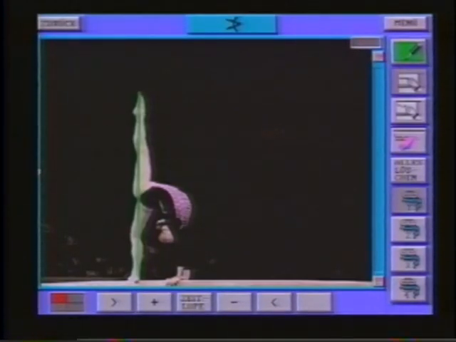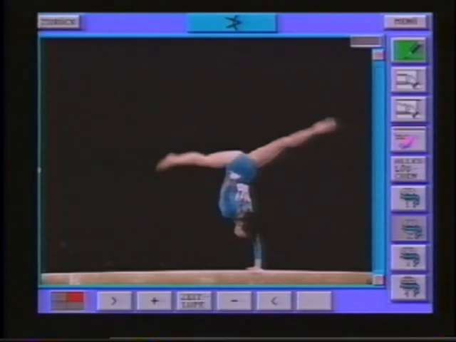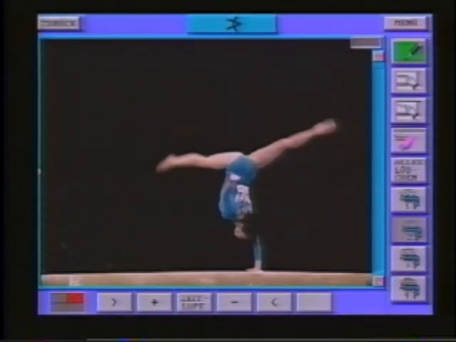The first example shows the ideal execution: 180 degree separation angle, high support, open arm-body angle, absolute body tension, no deduction. The deviations in the second example are minimal, also no deduction.